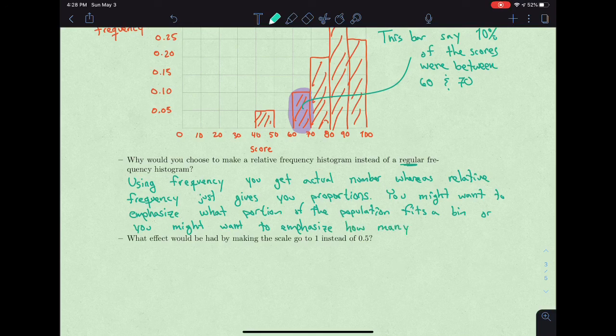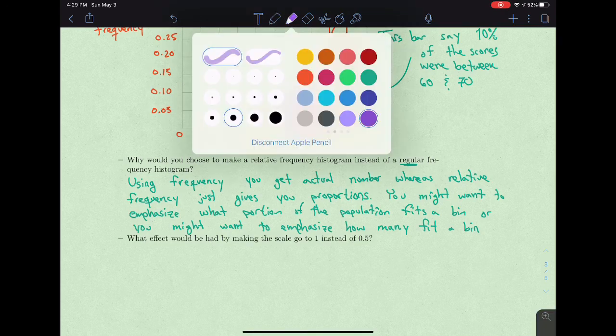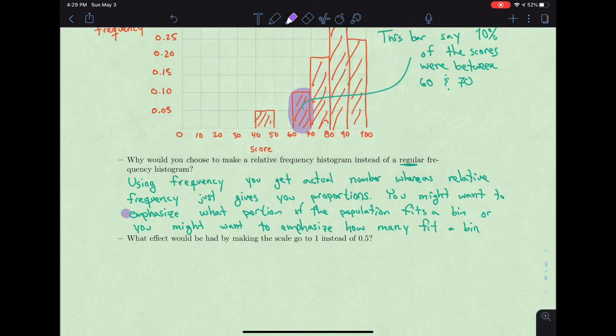So it's just all about emphasis. How many fit a bin. You know, if your numbers are all weird, like if your total added up to 8,122 total individuals in your sample, you might feel like your reader would get bogged down with the specifics. But if you tell them, 30% are between 60 and 70 centimeters tall, or whatever your numerical variable is, that might be easier to interpret. So it's about what you're emphasizing. Emphasize portion, or emphasize how many.